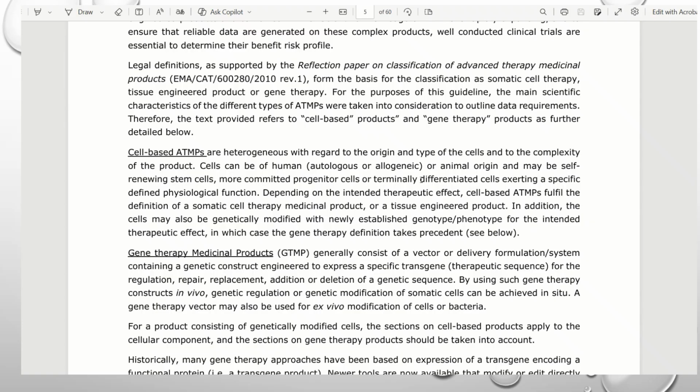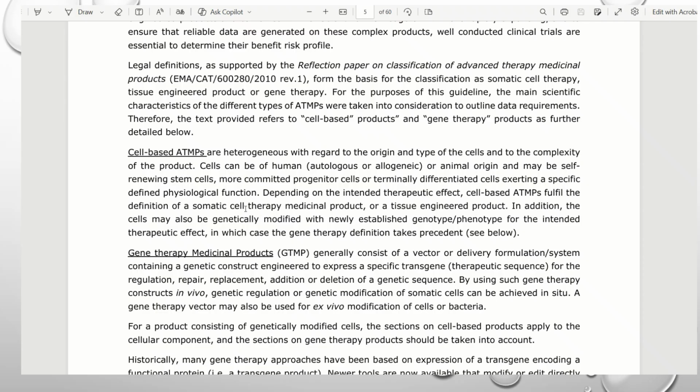We're heading more towards terminal differentiation, although we will have stem cell memory T cells and central memory T cells, which do have some self-renewing and proliferative abilities, but they are mainly committed cells. Depending on the intended therapeutic effect, cell-based ATMPs fulfill the definition of somatic cell therapy medicinal products or a tissue engineered product.